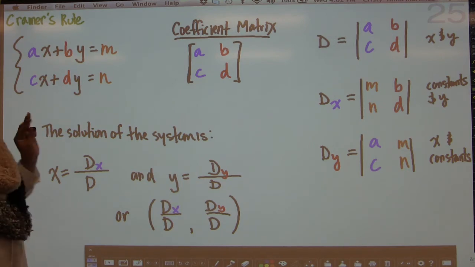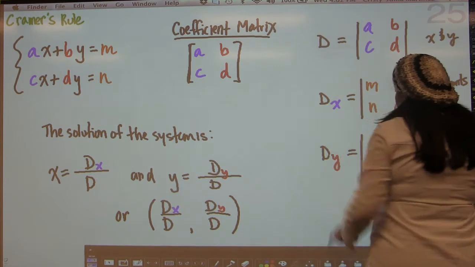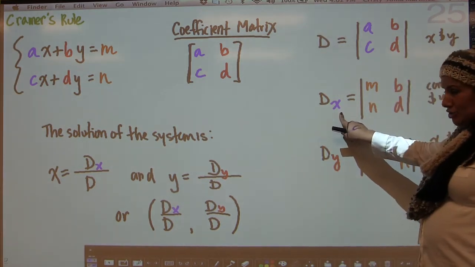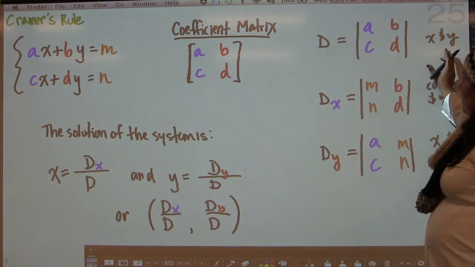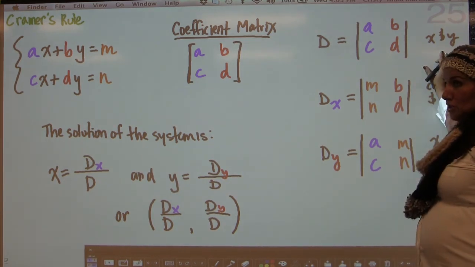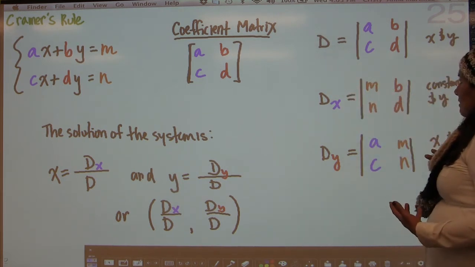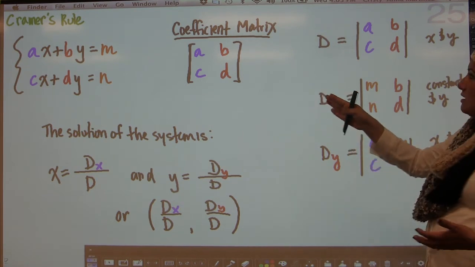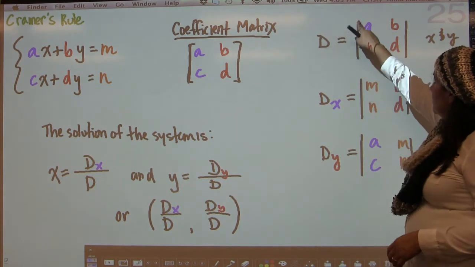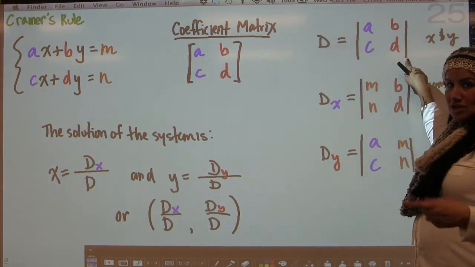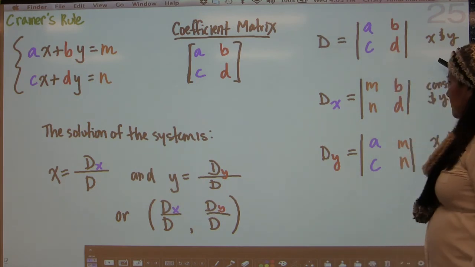Based on that, we have 3 separate determinants. You have your standard determinant, what we call the D sub x determinant, and the D sub y determinant. In the generic determinant, just the regular D, all you do is take the determinant of the coefficient matrix. So it's the same elements as the coefficient matrix, but of course we're using the bars here, which mean that you actually have to evaluate the determinant of just the x and y coefficients.